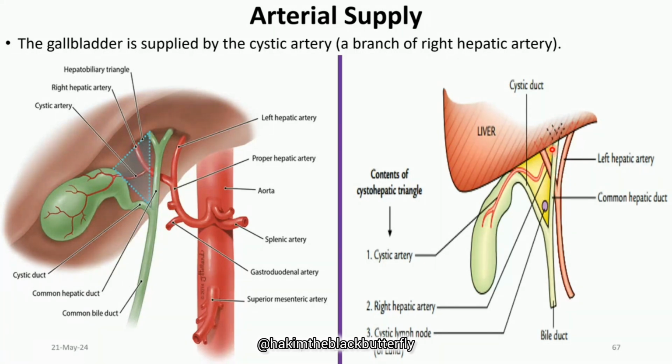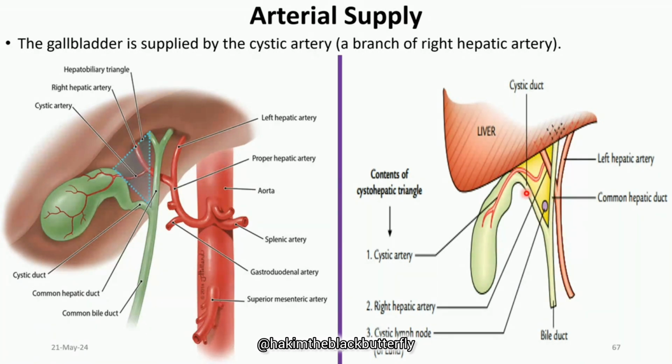This triangle is of surgical importance during what you call cholecystectomy, when there is need to cut out the gallbladder. Sometimes there is a need to cut it out because of chronic inflammation and all that. If there is cancer within, it can be cut out. So, not to injure the cystic artery, of course, these landmarks are used. These landmarks of this triangle.